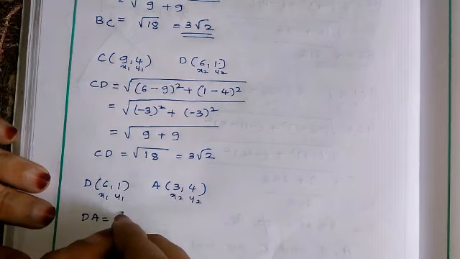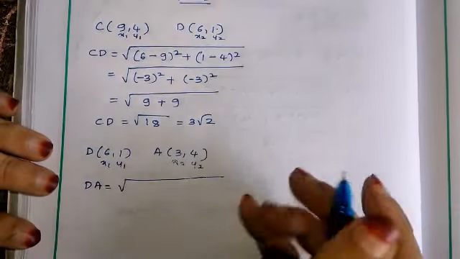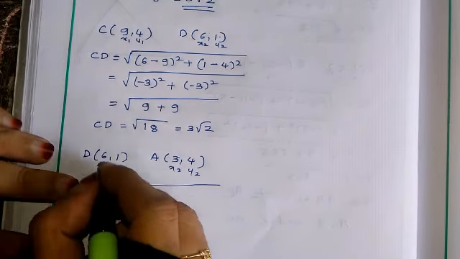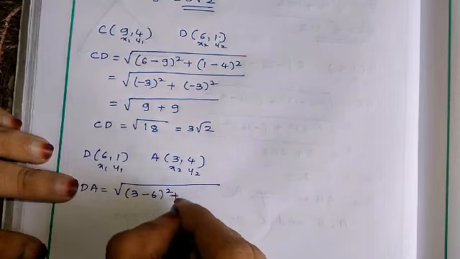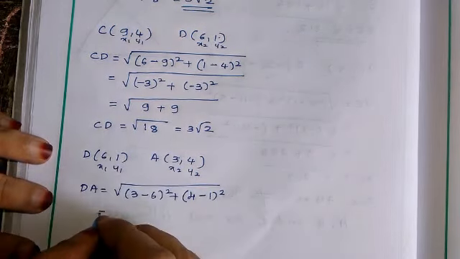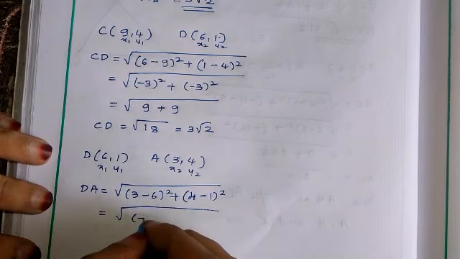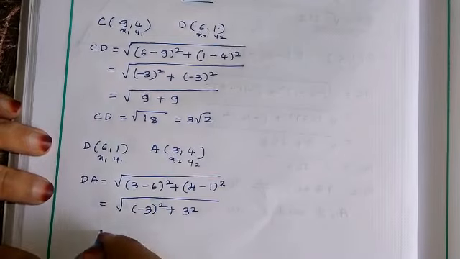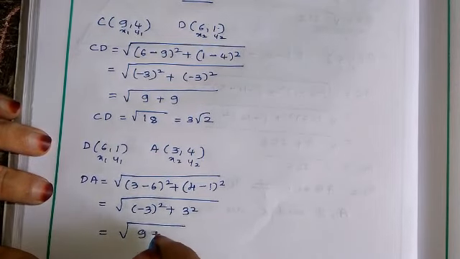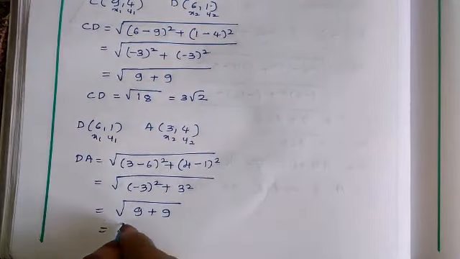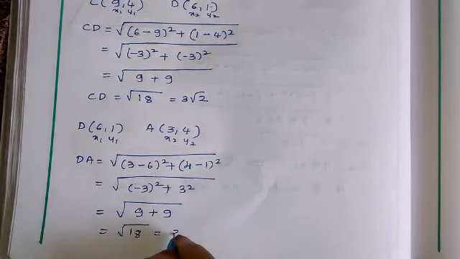DA is equal to root of x2 minus x1 whole square plus y2 minus y1 whole square. 3 minus 6 is minus 3 whole square. 4 minus 1 is 3 square. 3 square is 9 plus 3 square is 9. Again it is root 18. Again it is equal, that is 3 root 2.